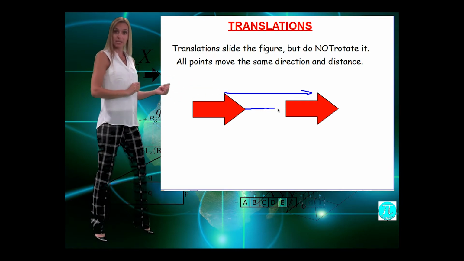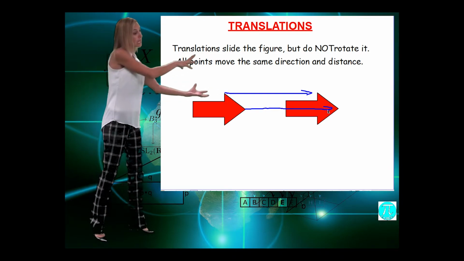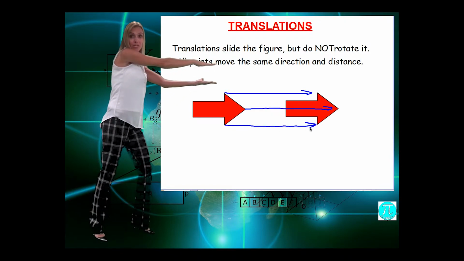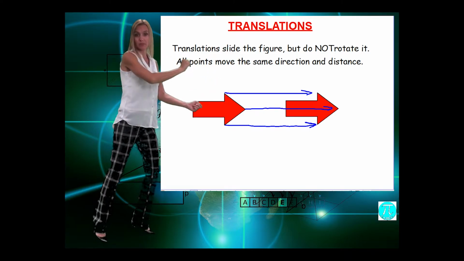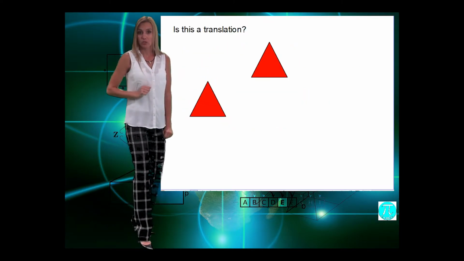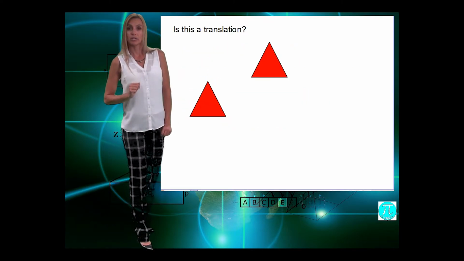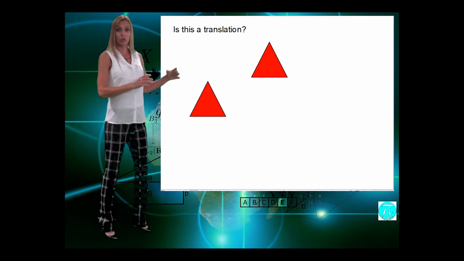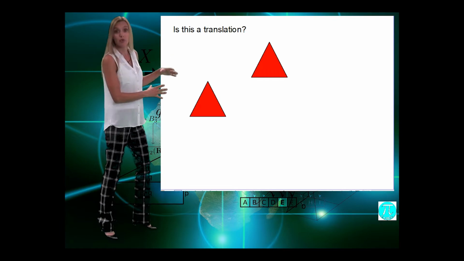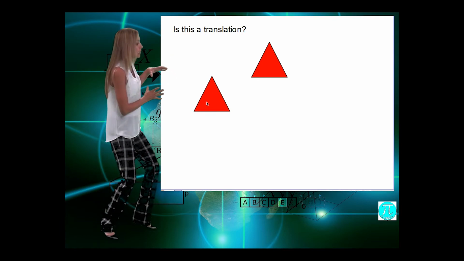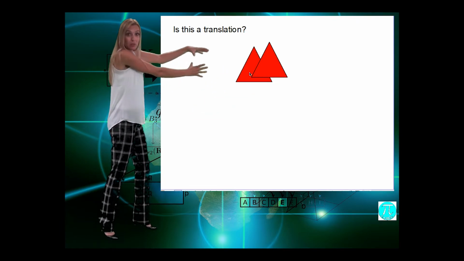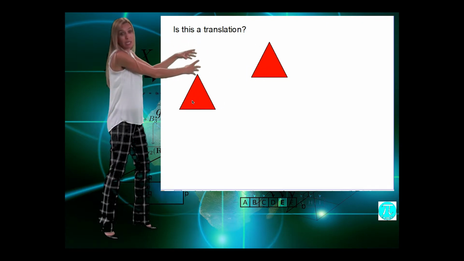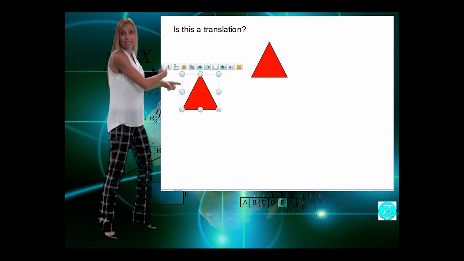So if you look at these arrows in here, that one arrow is basically moving the same distance and the same direction. Look at the triangle. The question is, is this a translation? Well, if you look, the triangle did not rotate. Simply, it just slid. It went a little sideways. The triangle was just sliding, did not rotate at all.